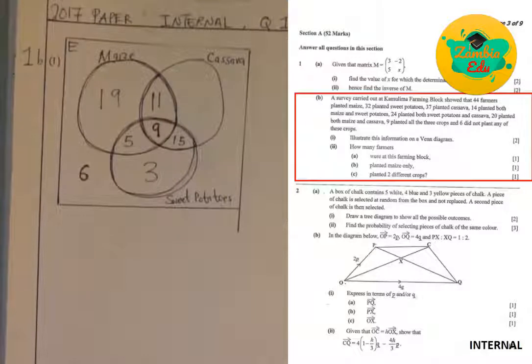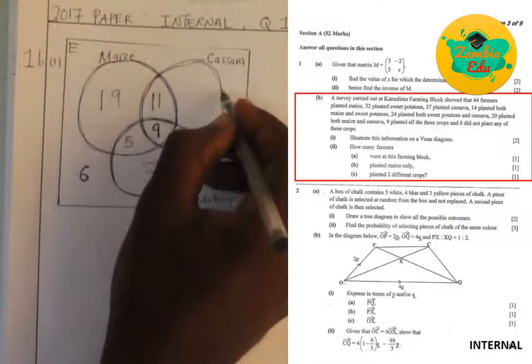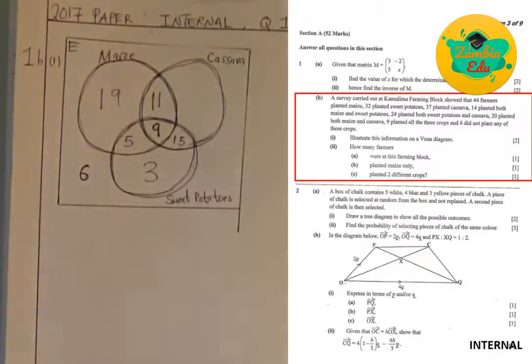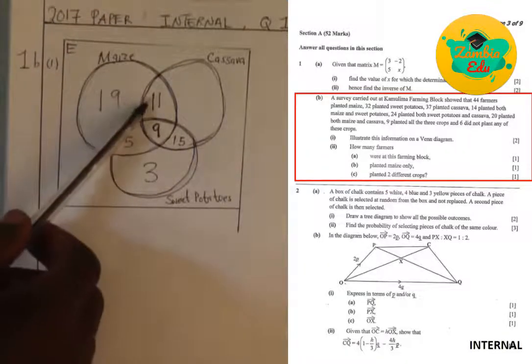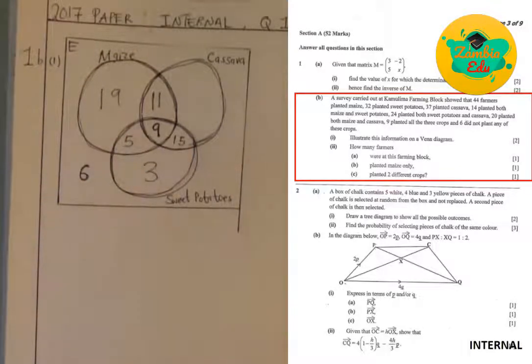And lastly, the question told us that 37 planted cassava, meaning if you add everything that is in the set for cassava, the total that you must get is 37. So we already have 11, 9 and 15. Adding them gives us 35.